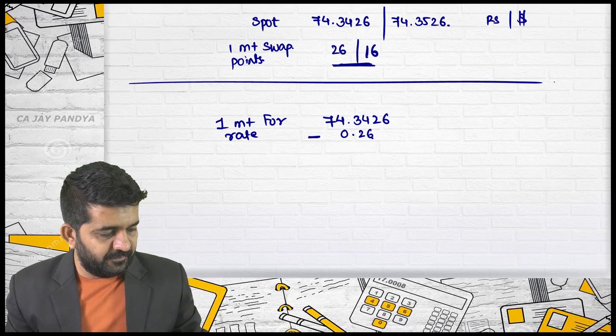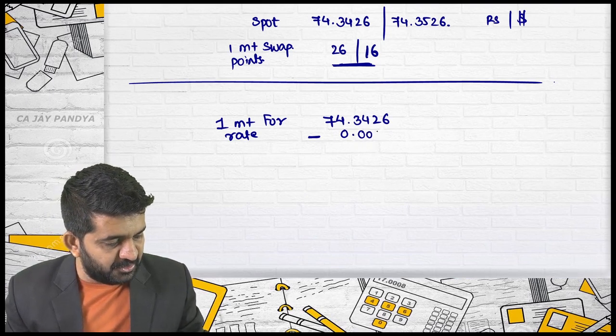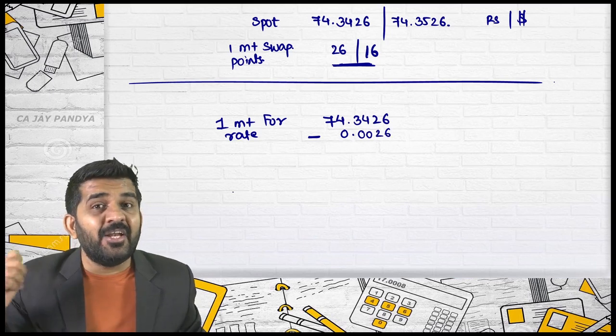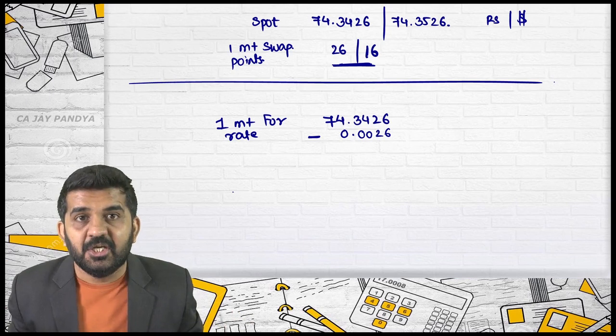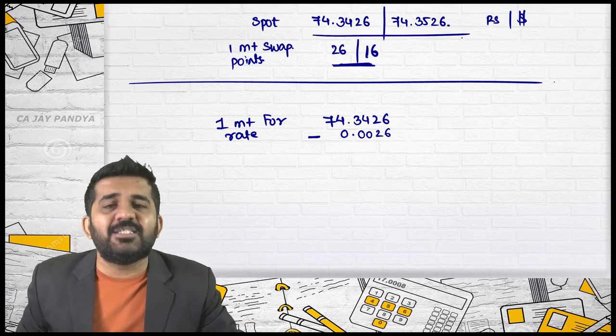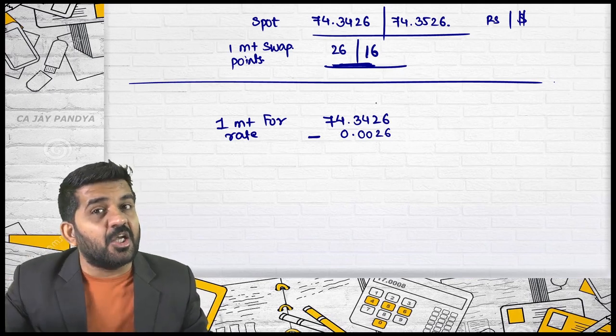Try 0.0026. Exactly. It will be 0.0026. And where is it written, in which book of finance, which author has written it? No one has written it. This is just a tradition. If someone says that this is the rate and this is the swap points, they will always deduct in the last 2 digits.